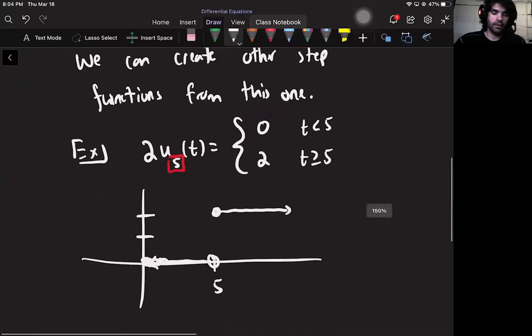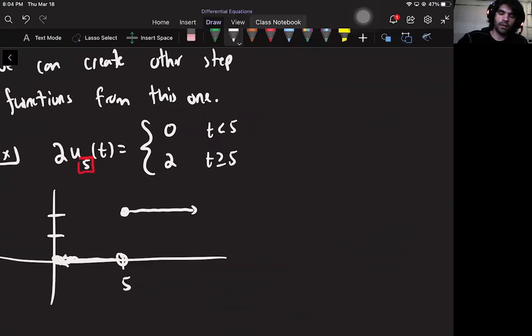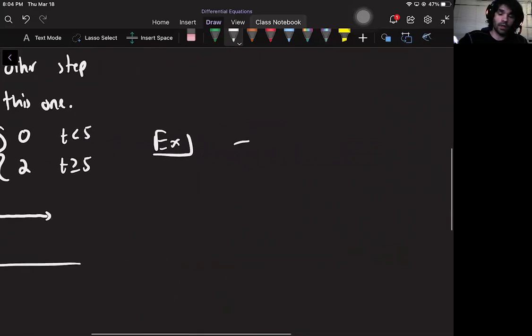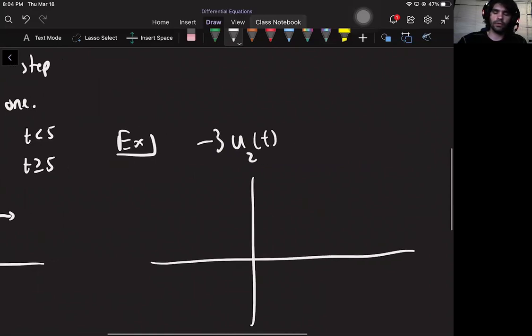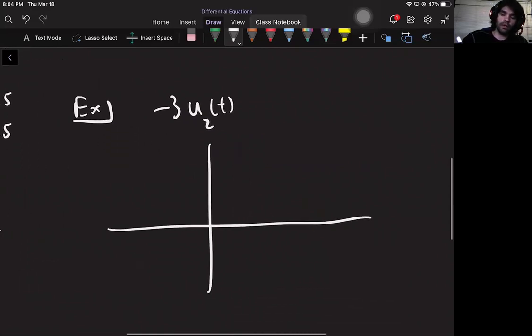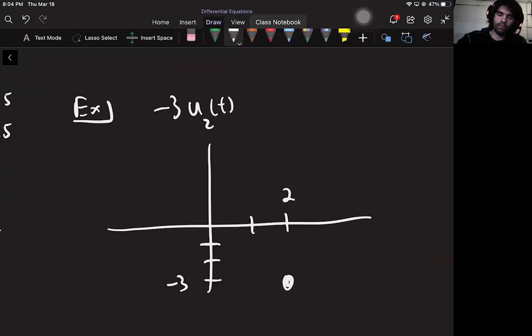Okay. You can do some negative stuff to make it a little bit different. So for example, negative 3u2 would be, let's just jump to the graph. Until time 2, it's 0. And then the output is -3 after that amount of time has passed.